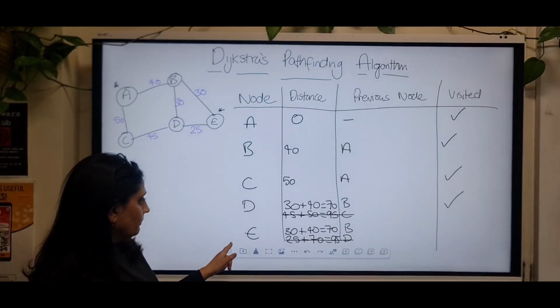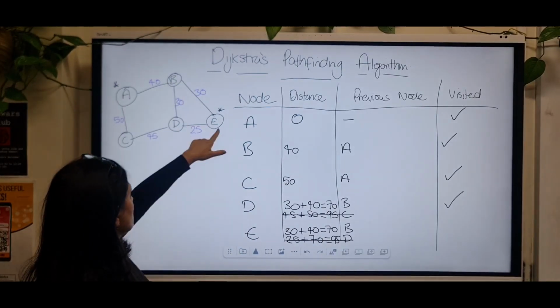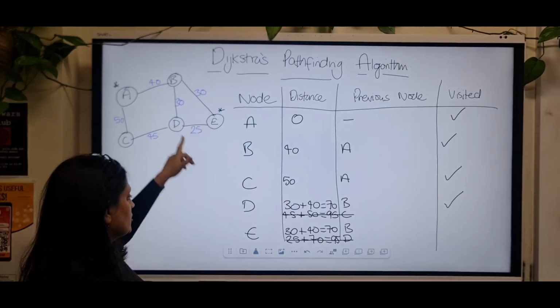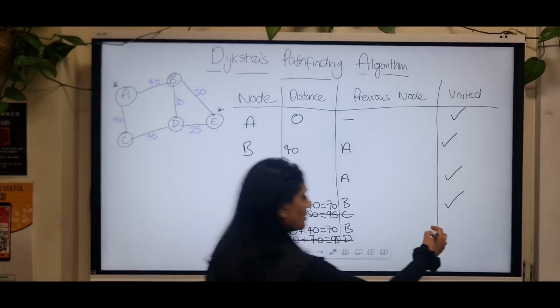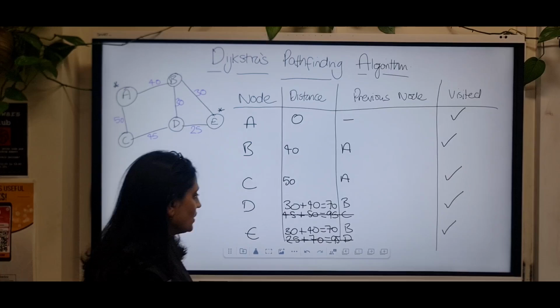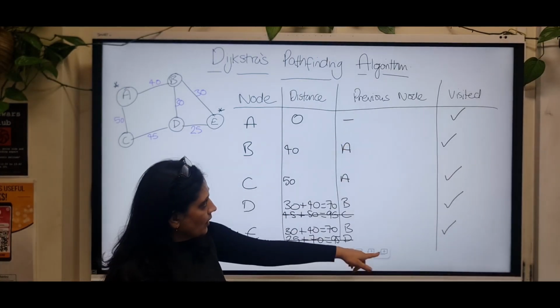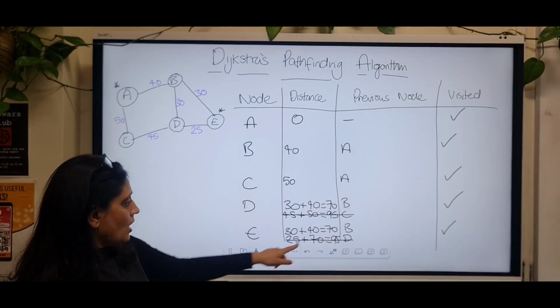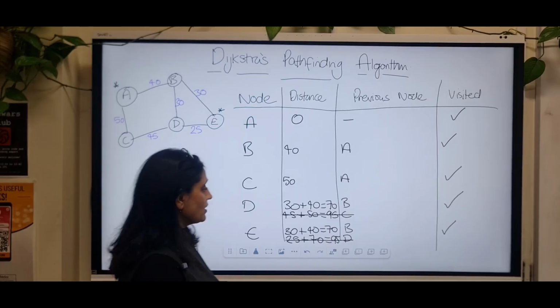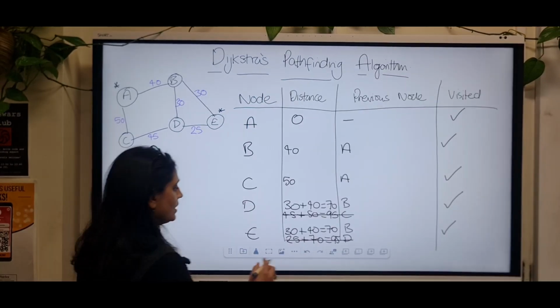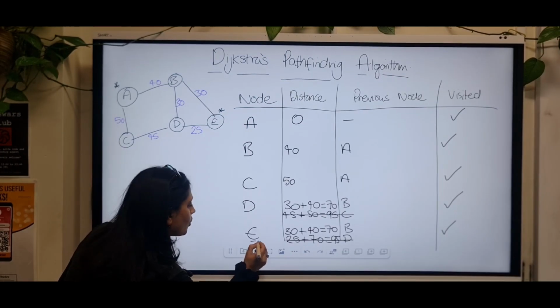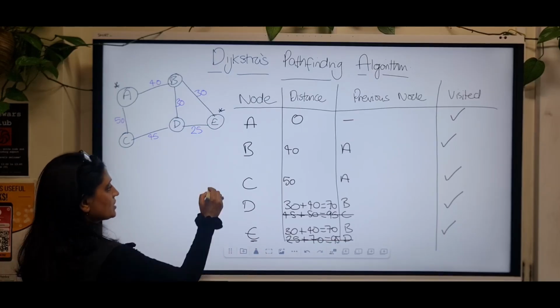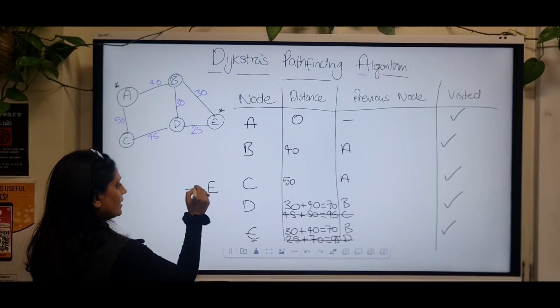E now is connected to B, but that's visited, connected to D, and that's visited, so therefore we can tick that one off as well. So we now have found, by visiting all of the nodes, our shortest path. And the way this is going to be represented in the exam is that we will record the path. Now the destination was E, so I'm going to write E down.